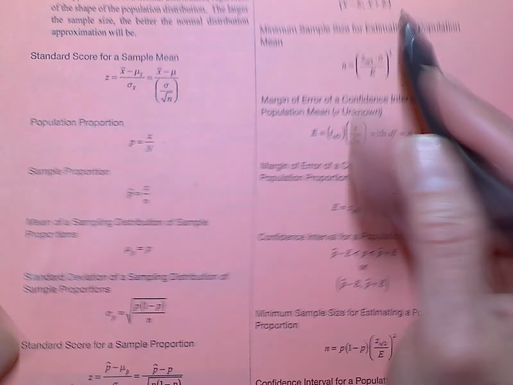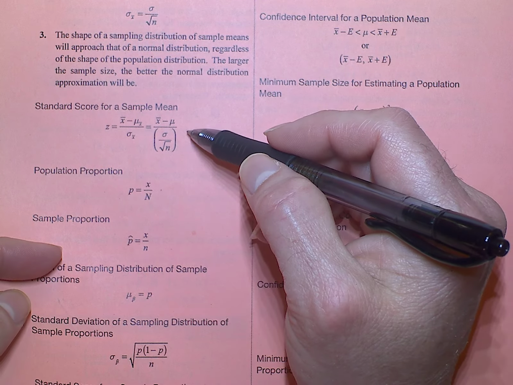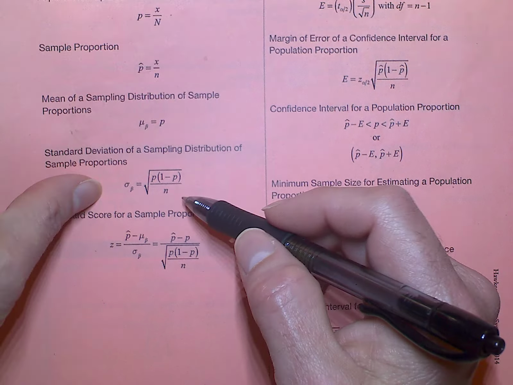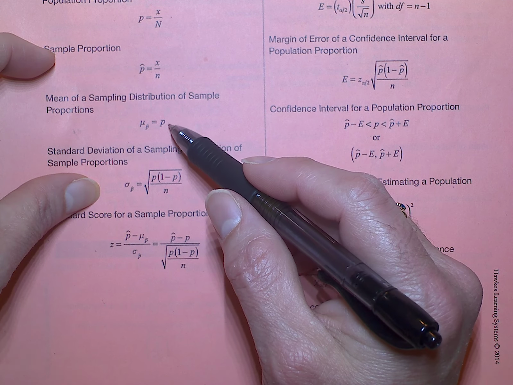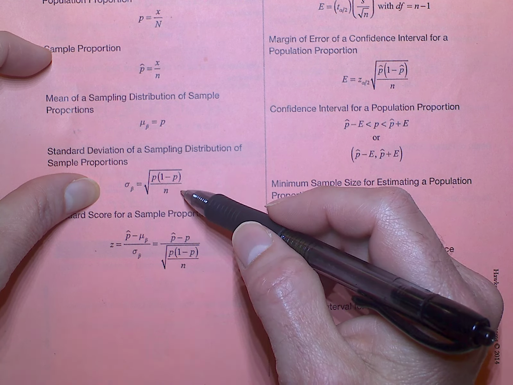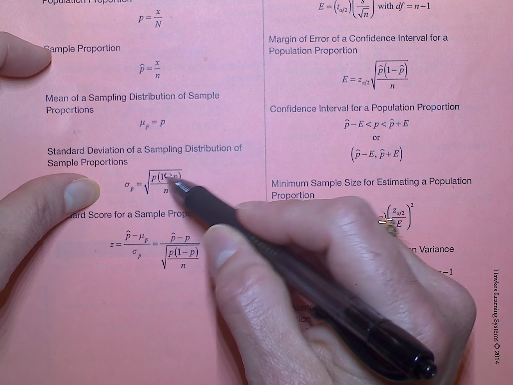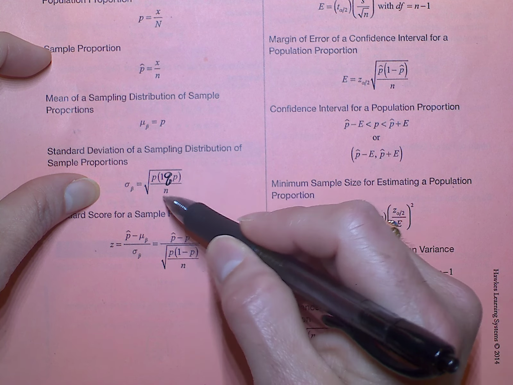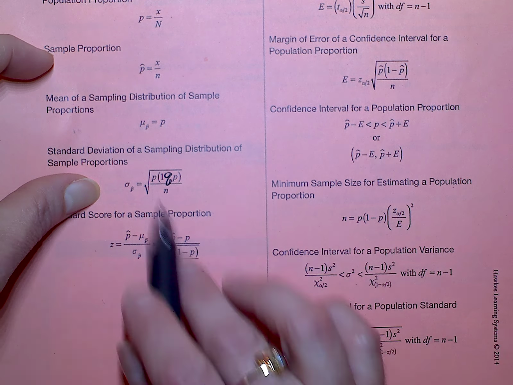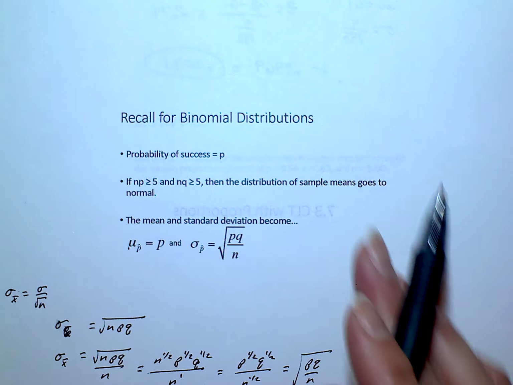This was our sample means, for z. Now I'm saying mu is going to be the population proportion, and sigma is going to be the square root of pq over n. That's kind of ugly. If you want to rewrite it, you could.